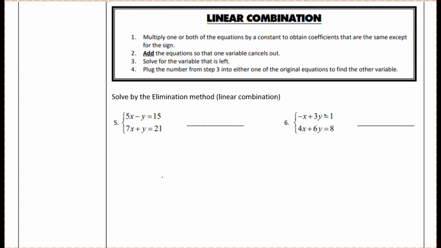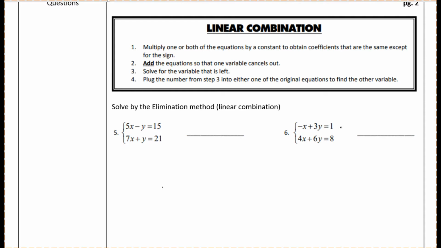All right, so now if we have to do a linear combination method, also known as elimination method, this is definitely the method that is preferred if one of the variables is not solved for. So if you don't have x or y solved for in any of the equations, you probably want to use this method.